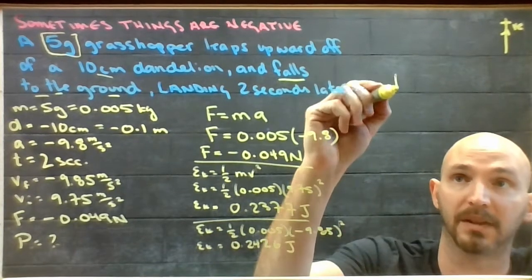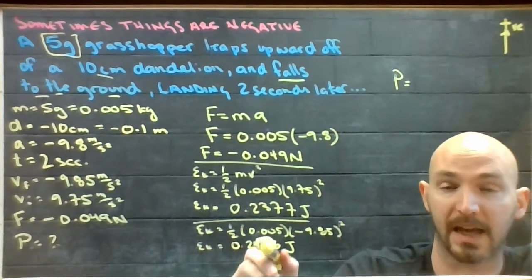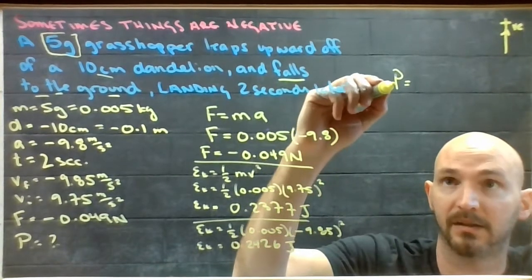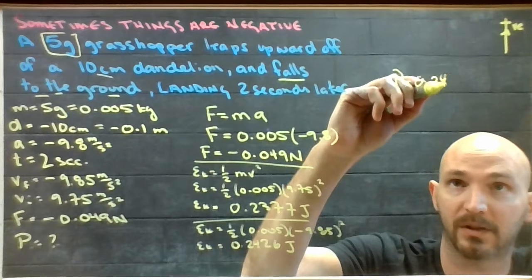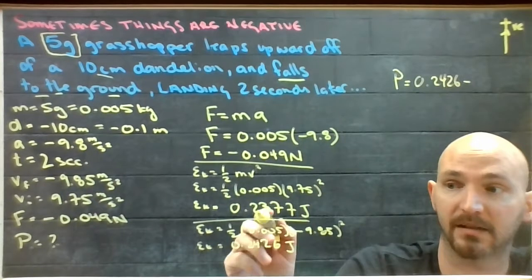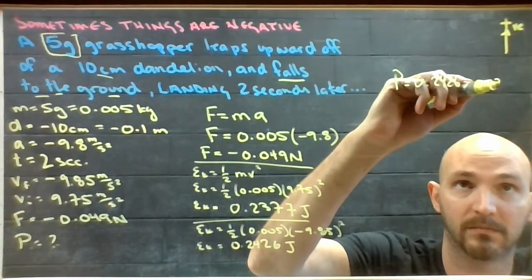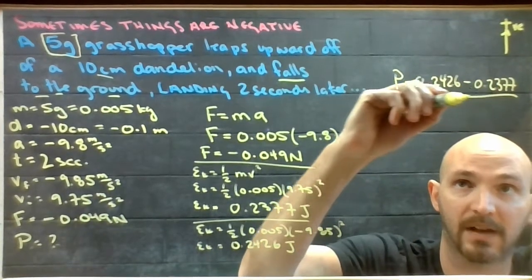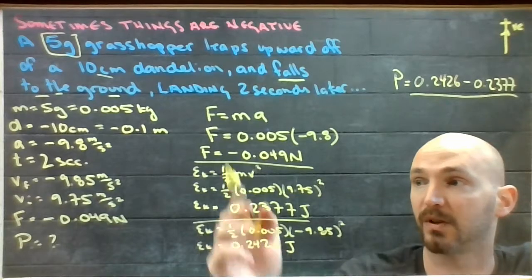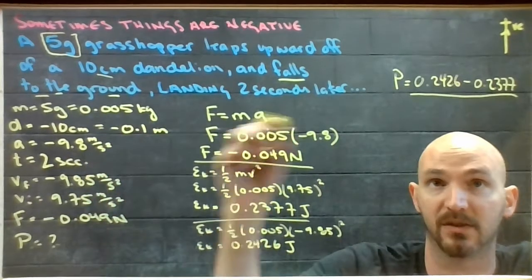So my power output then would be the energy at the end, 0.2426, subtract the energy at the beginning, 0.2377, divided by the amount of time it takes, which we were given as 2 seconds.